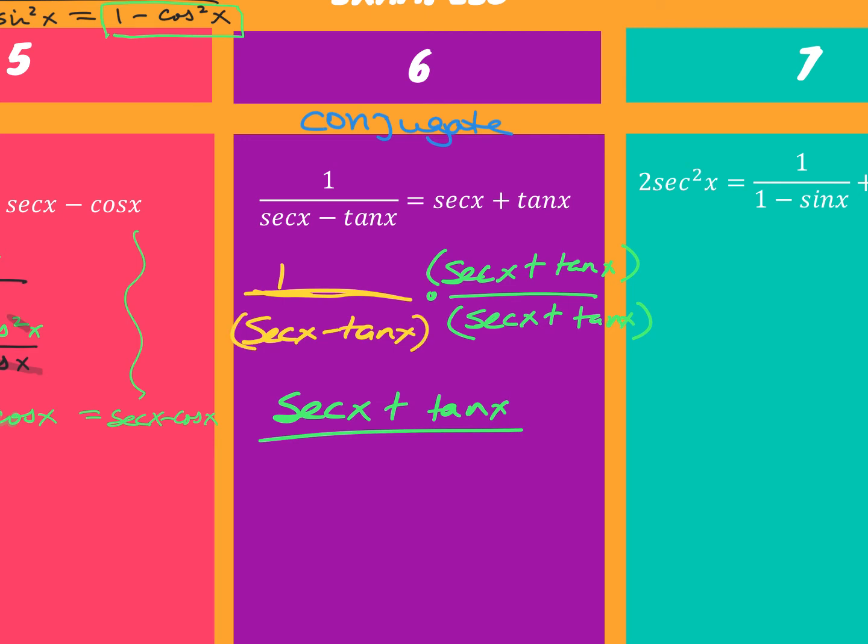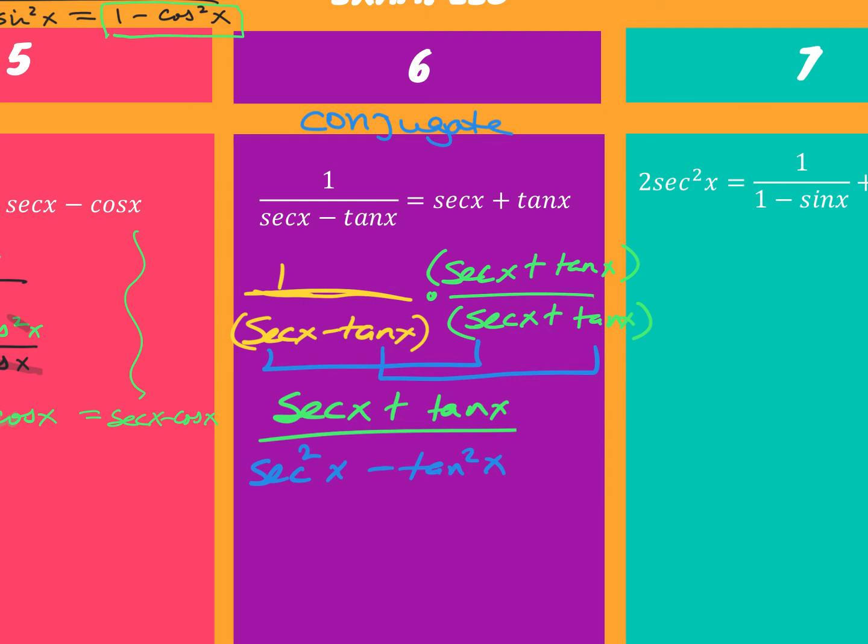So I'm just going to do first and last. And when I do that, I end up getting secant squared x minus tangent squared x. You could do the whole FOIL thing and you'll see outer and inner are going to cancel.